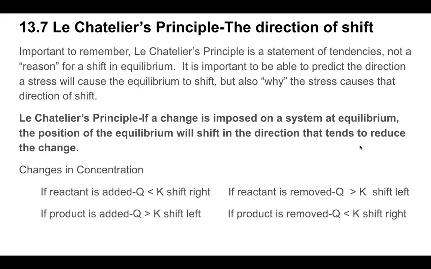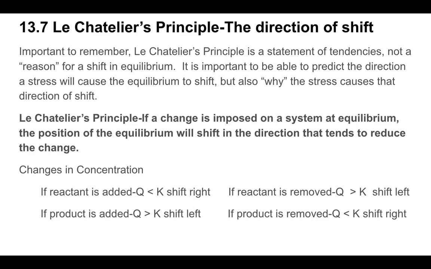It's important to remember here that on the AP test, they let you use Le Chatelier's principle to determine which direction a shift will occur, but it's not considered a valid explanation for why. So it's similar to the trends in the periodic table. You can say atoms get smaller left to right, but you need to explain that it's because nuclear charge increases.